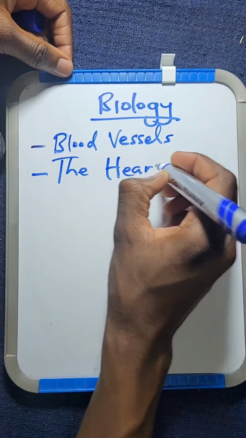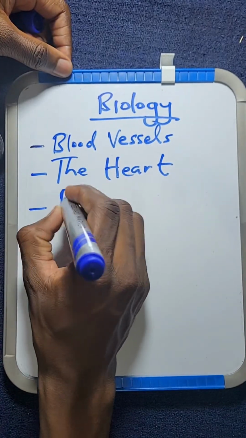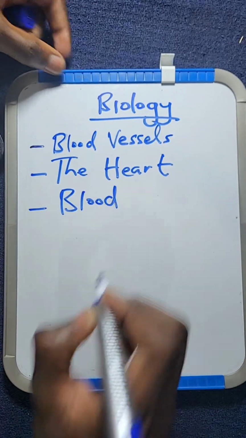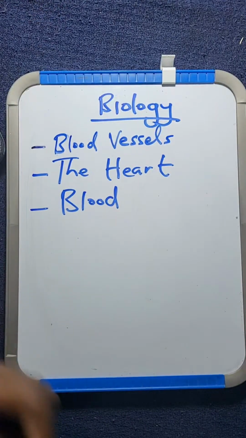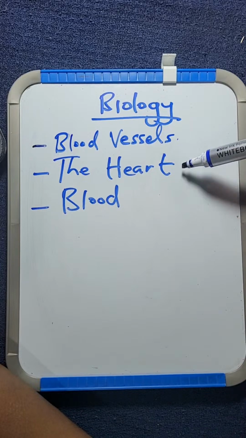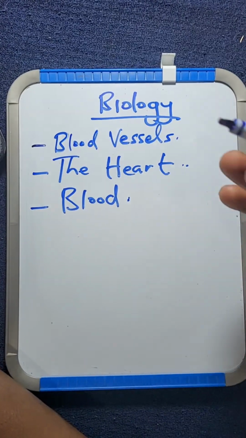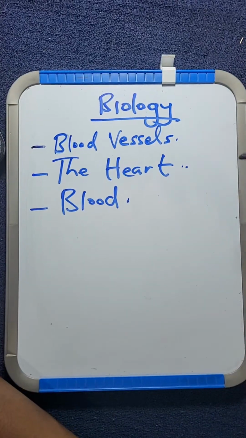The heart, Mutima. And she's also saying blood, which is true. So the transport system in animals is made up of blood vessels, the heart, and blood. These are the three components that form up the transport system in animals.